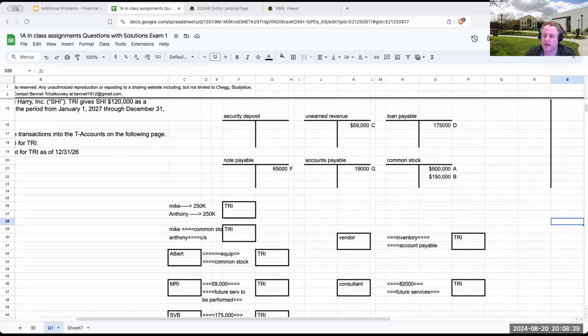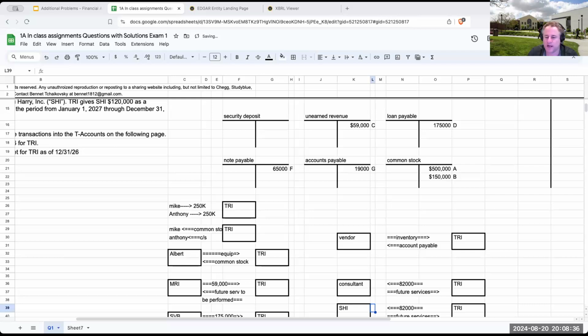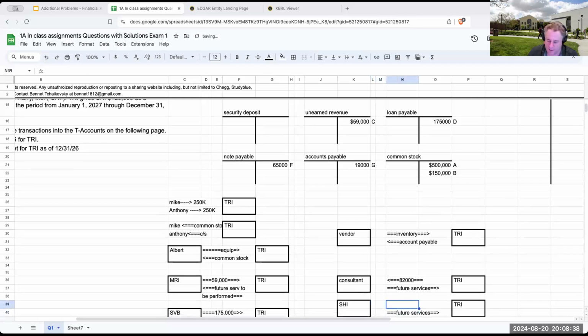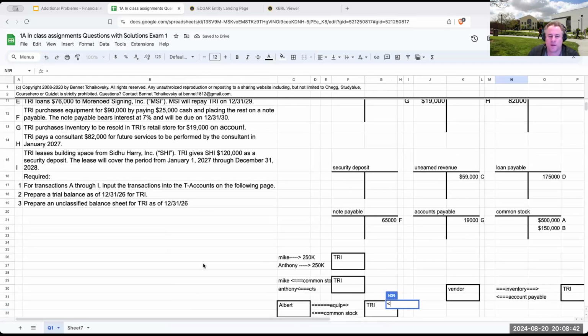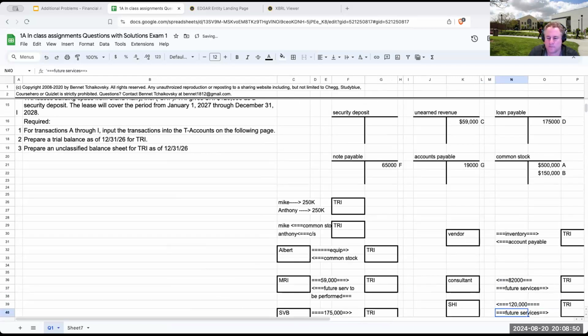So let's write this out again. Over here, we've got SHI, and this is going to be for 120,000. So my cash is going down over here. And basically, this is a security deposit.